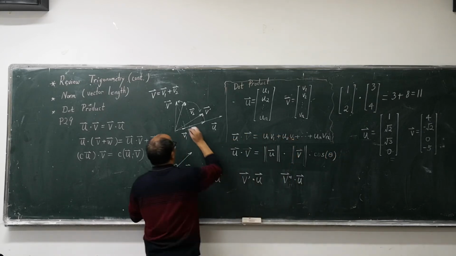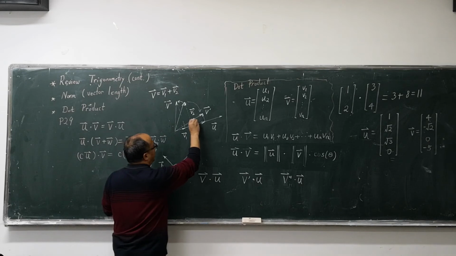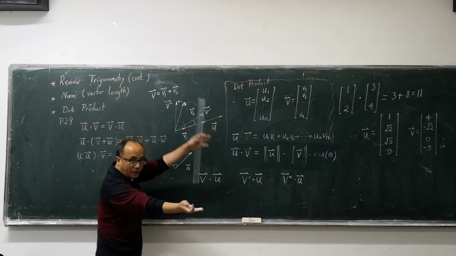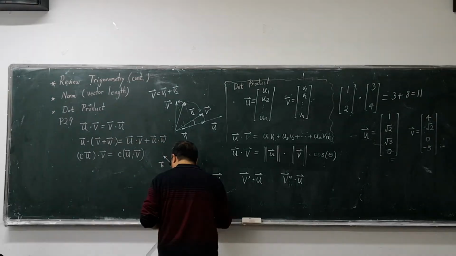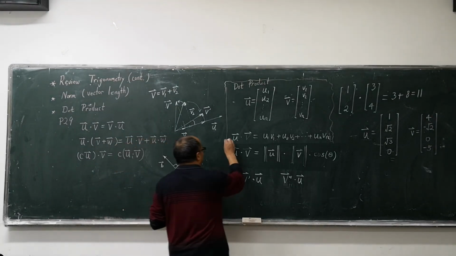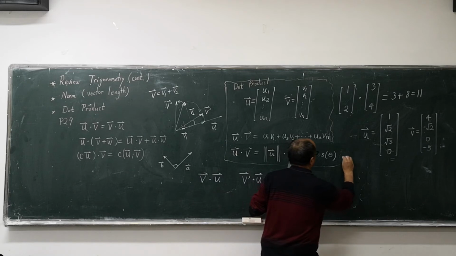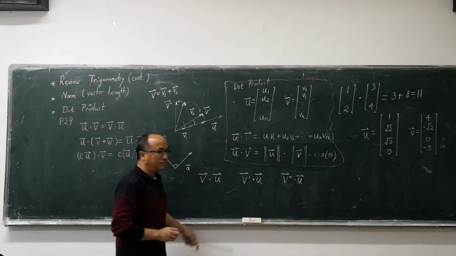And what's theta? Theta is the angle here, the angle between the two. This is another definition of the dot product.